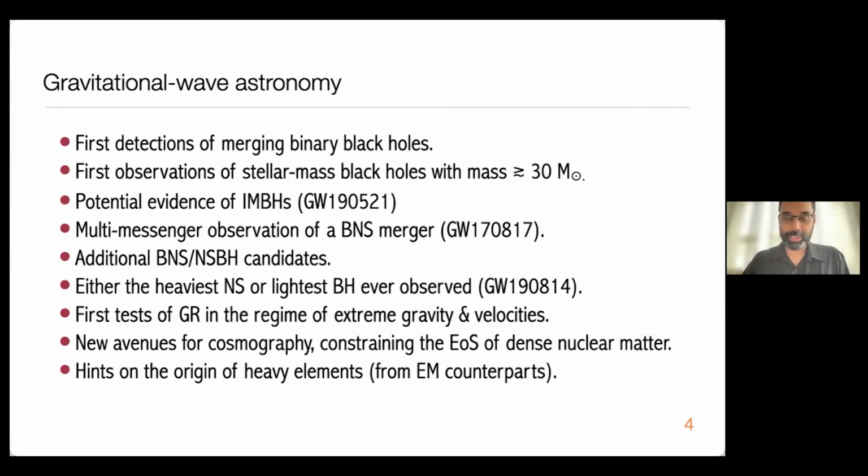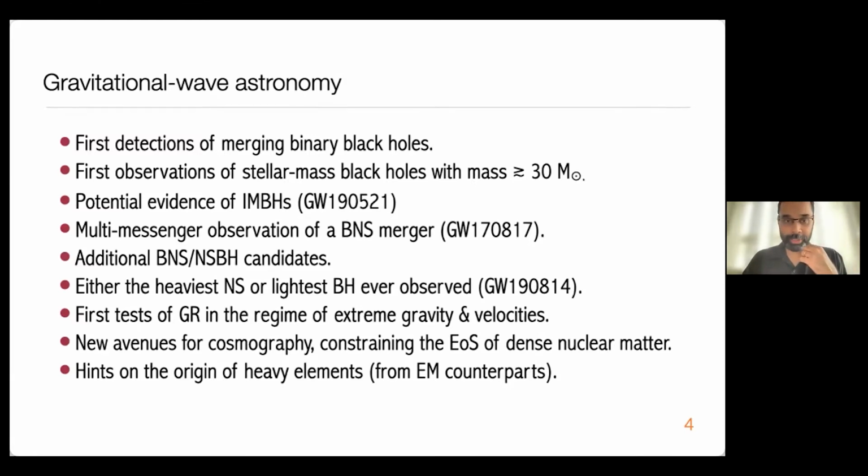Of course, these observations have provided the first detections of merging binary black holes, and they have uncovered the existence of so-called heavy stellar mass black holes, the black holes that are more massive than about 30 times the mass of the sun, which were not expected based on our observations of X-ray binaries in our own galaxy, which all suggested that stellar mass black holes would be mostly less than 15 solar masses or so.